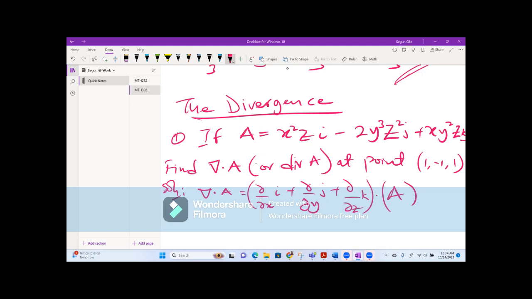I think I will need to write the entire A so that we can understand what we are going to do. x squared z i minus 2y cubed z squared j plus xy squared zk.